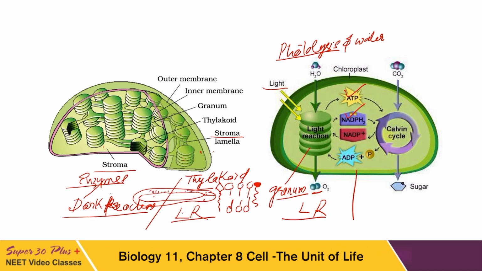This power will be utilized in the dark reaction, which takes place in the stroma. In the dark reaction, ATP and NADPH2 will be used up, carbon dioxide will be trapped and converted into food, and sugars are formed. This is the function of the chloroplast.